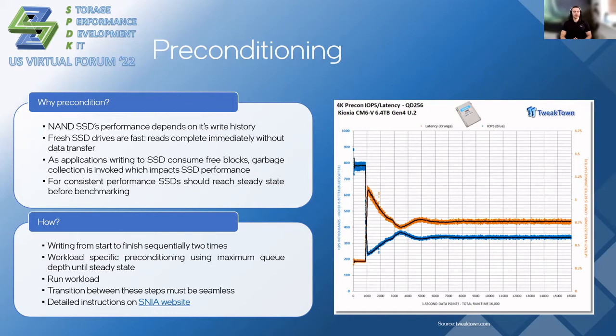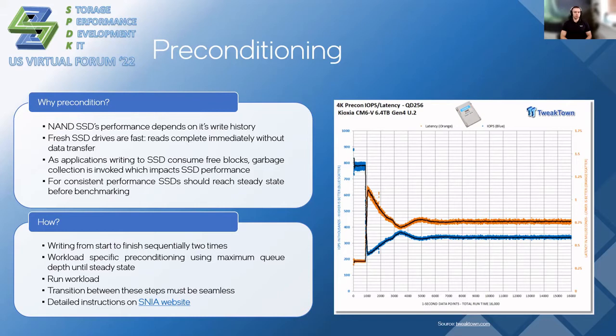Because of that, it is important to reach the disk steady state before running benchmark tests and collecting performance data. Reaching a steady state means moving an SSD from a fresh state to a state where the drive's real performance is shown, so that the results are similar between each test run for a given workload.